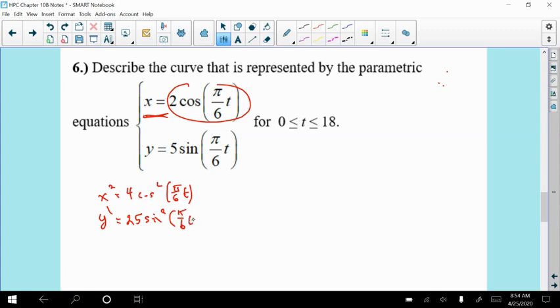Okay, so now I have a cosine squared, I have a sine squared, and what I'm shooting for is I know the Pythagorean identity: sine squared plus cosine squared equals 1. So I need to divide this by 4 and divide this by 25, respectively. So now that first equation becomes x squared over 4 equals cosine squared of pi over 6t. And then this equation becomes y squared over 25 equals sine squared of pi over 6t.